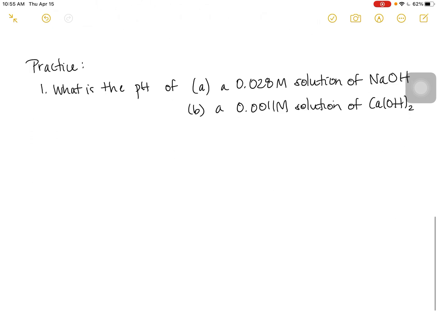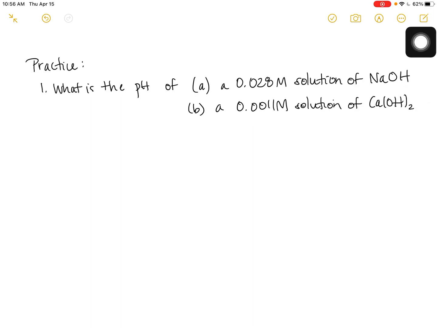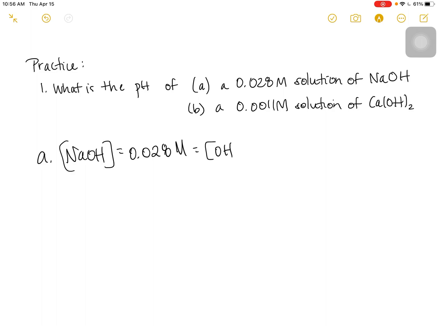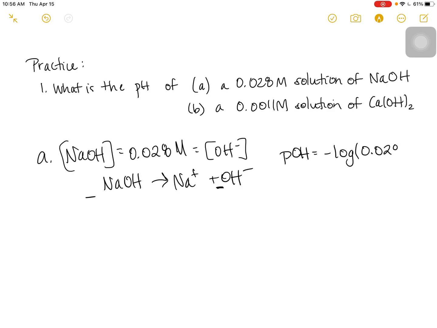So same idea applies. So 2 practice problems. So what's the pH of these 2 situations? So in A, they give me the NaOH concentration is equal to 0.028. Well, we know that that's also going to be the OH minus concentration because, of course, this is 100% and it's a 1-to-1 ratio, right? 1-to-1. So if that is the OH minus concentration, I can take the negative log of that to find the pOH.